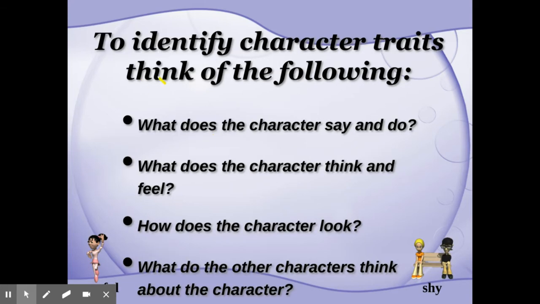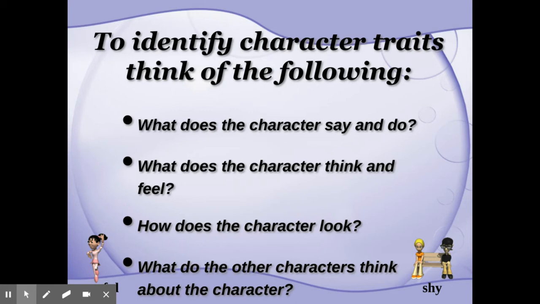So to be able to identify character traits, you're going to think about the following. What does the character say and do? So what are they talking about? What actions are they doing? What does the character think? So if they are sharing their thoughts throughout the story, and how do they feel if they're talking about their emotions?